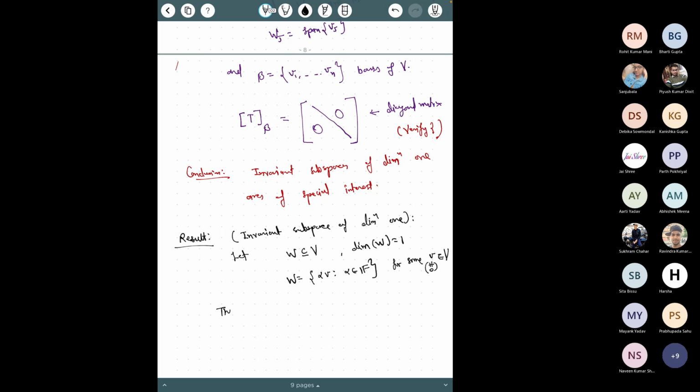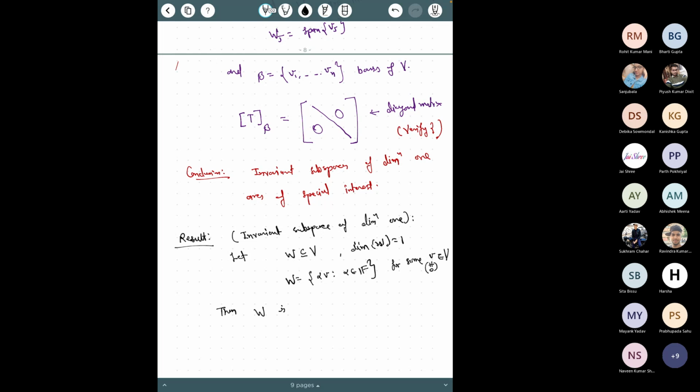Then W is invariant. Actually, I'm not saying this is invariant; so far we have just talked about a one-dimensional subspace, W, which you can write as the span of a vector V, where V is a non-zero vector in the vector space.